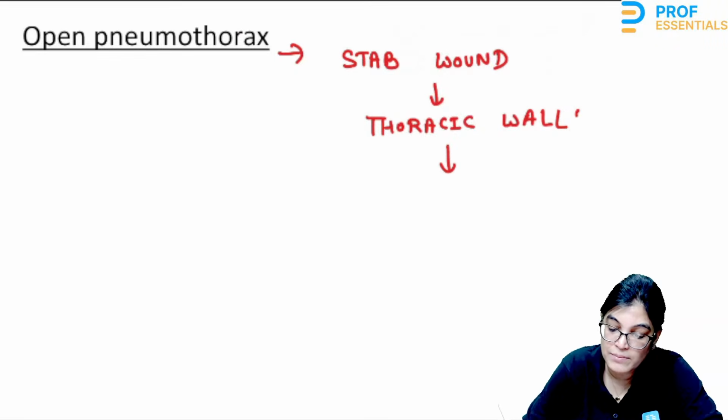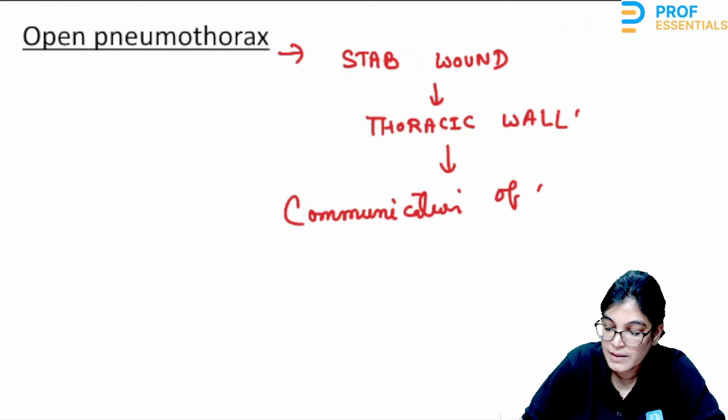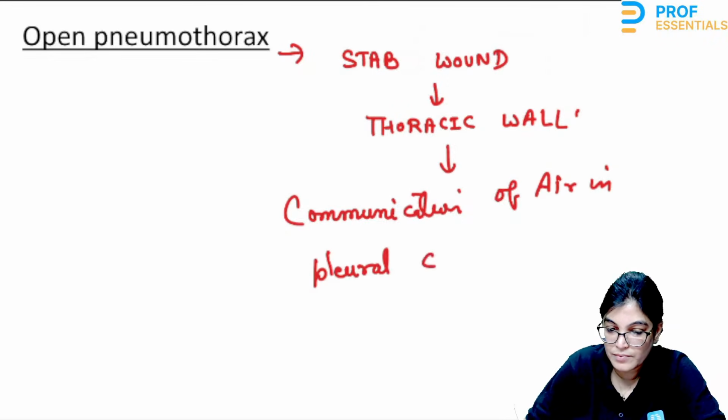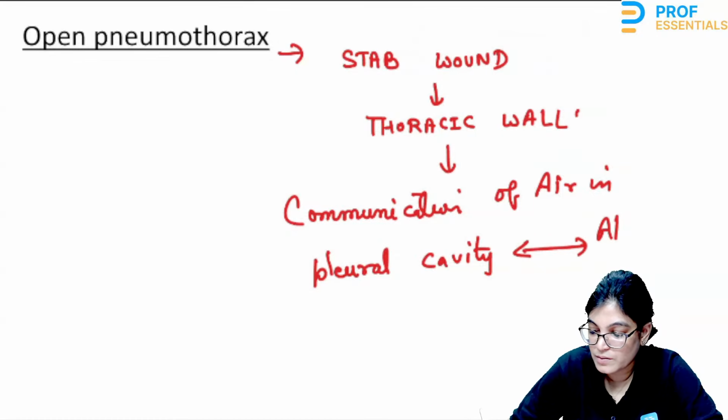So this is a stab through the thoracic wall having communication of air in the pleural cavity with that of atmospheric air also.